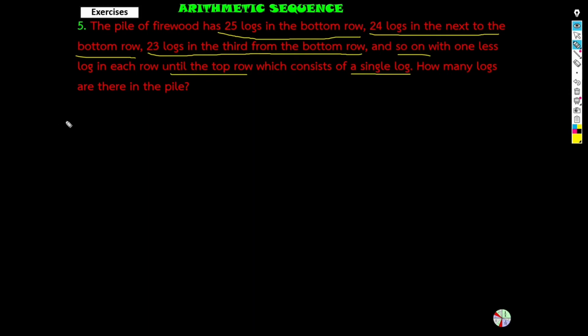So we will see that the numbers are these: 25, the next is 24, next is 23, until it reaches 1. So this is an arithmetic sequence. Now, the question is, how many logs are there in the pile?